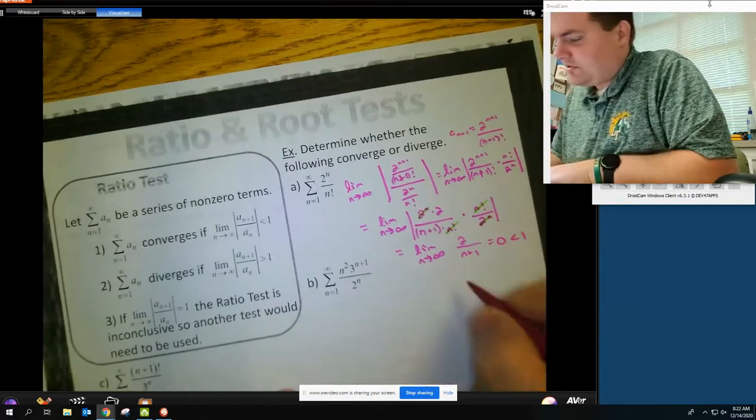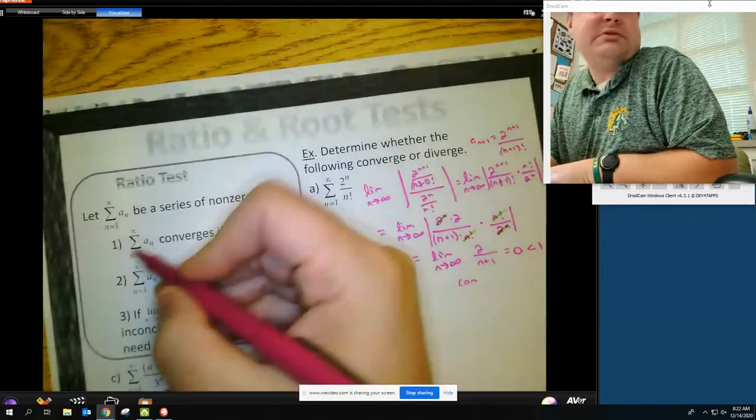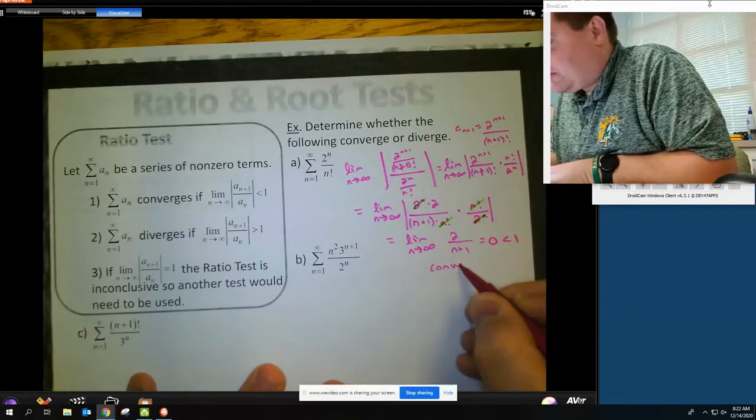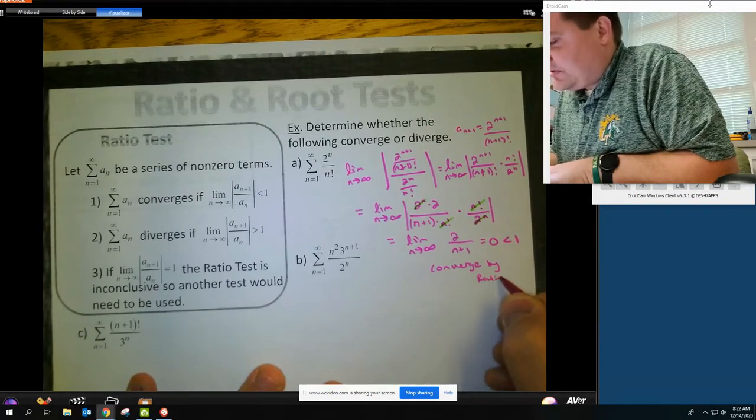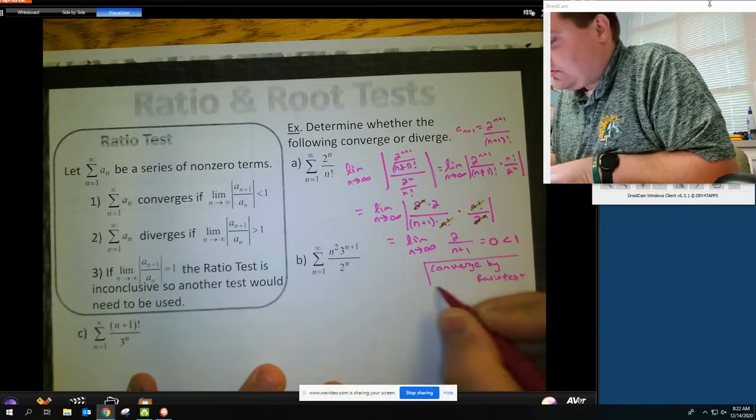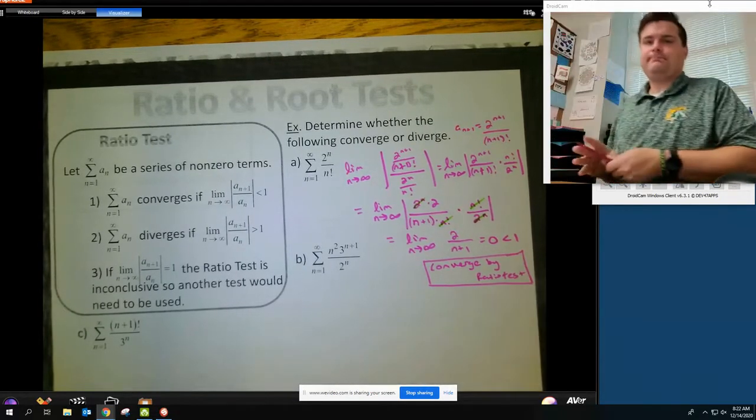So this is going to converge, because I'm using the first one right here. This is going to converge by the ratio test.